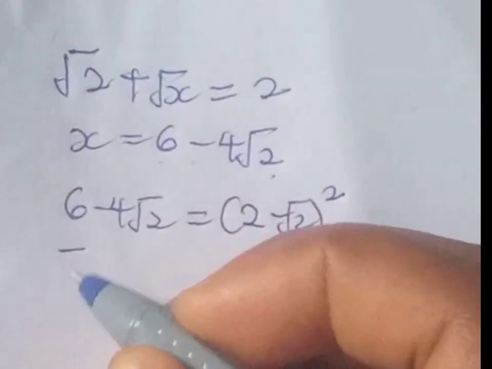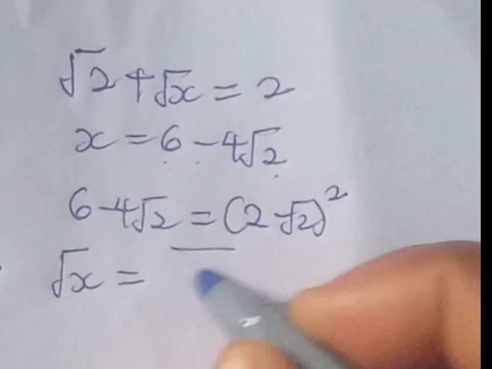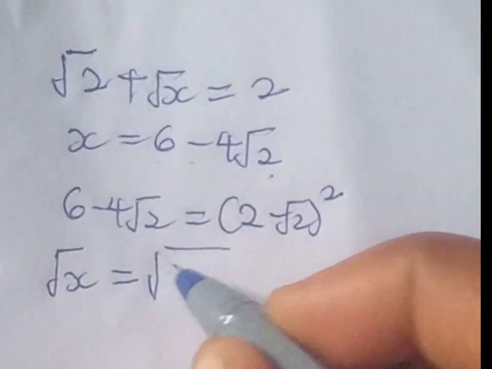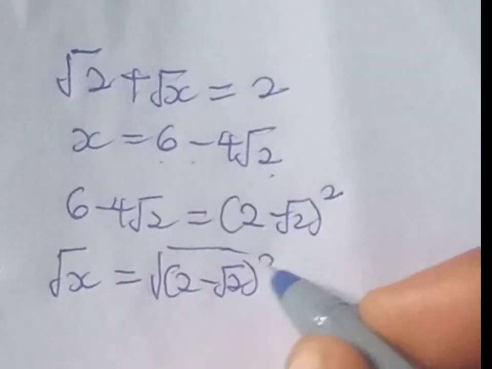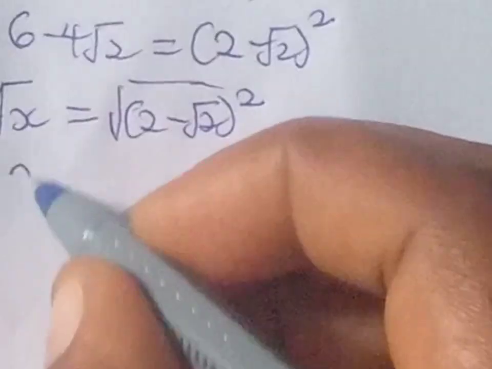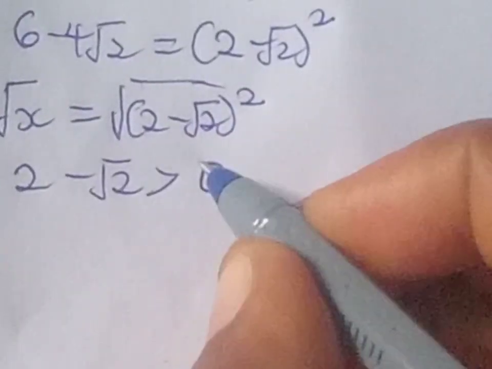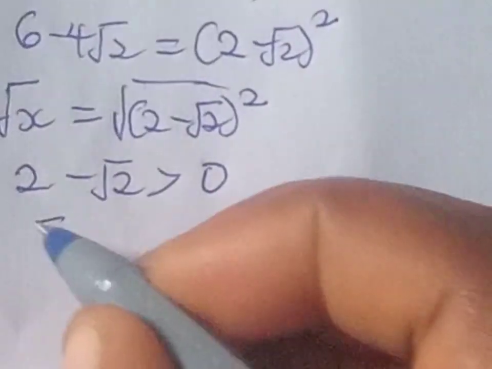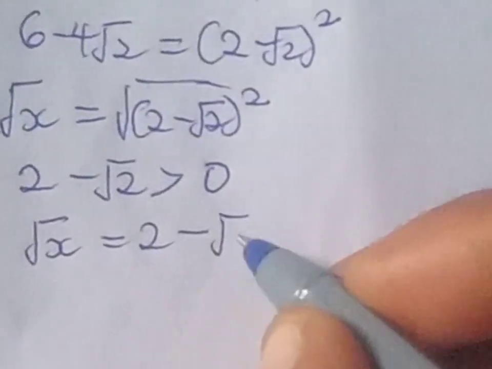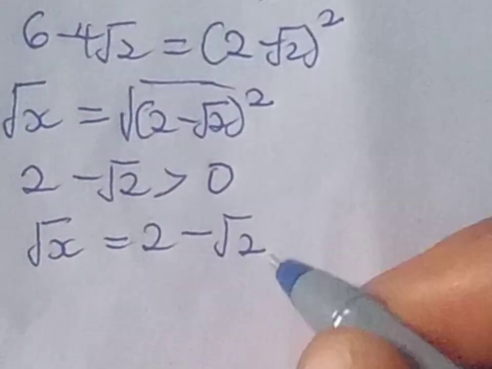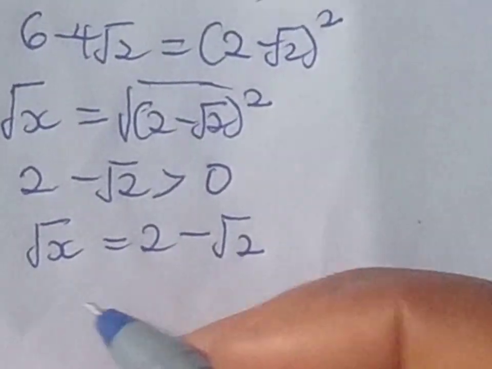Therefore, square root of x equals square root of 2 minus root 2, squared. Since 2 minus root 2 is greater than 0, then we have root x equals 2 minus root 2. Now let's substitute into the original equation.